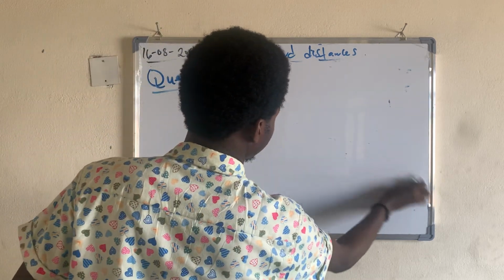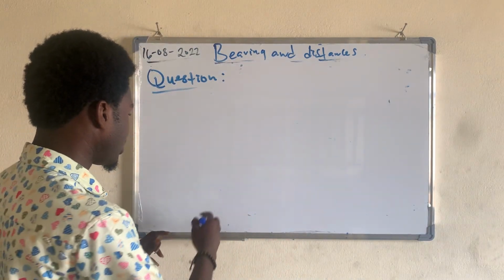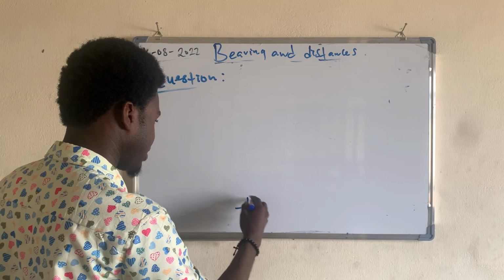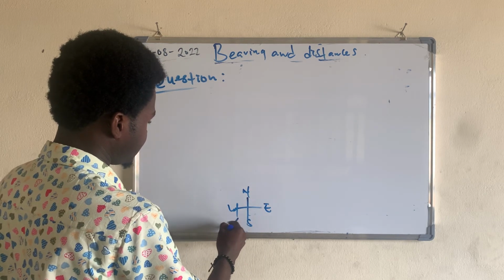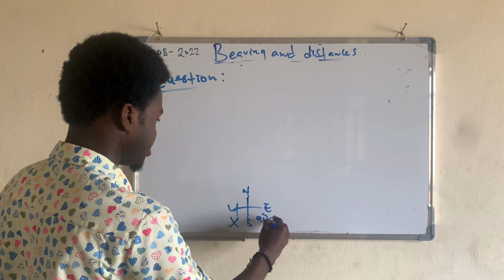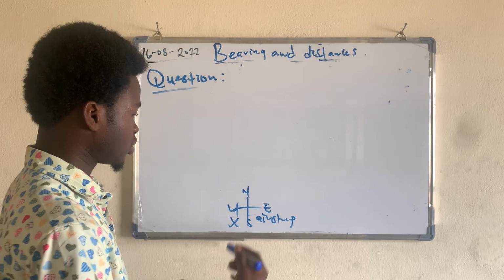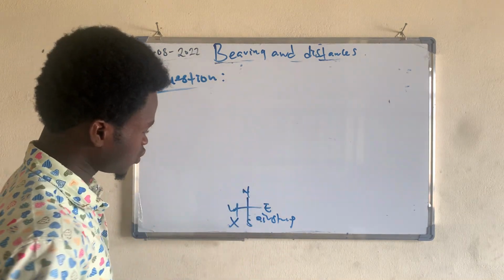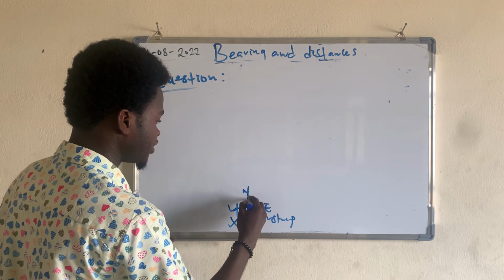Okay. So I will create my 4 cardinal points, north, south, east, west. Let point X be the point of the airstrip. Airstrip is the ground level where an aircraft takes off from. So the aircraft took off from the airstrip at a bearing of 052.